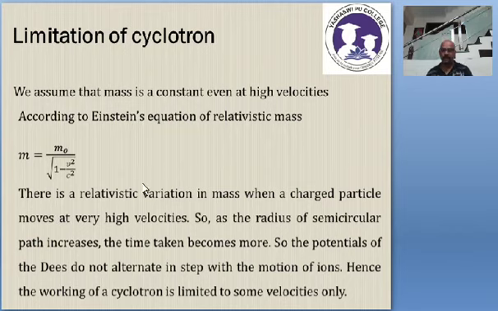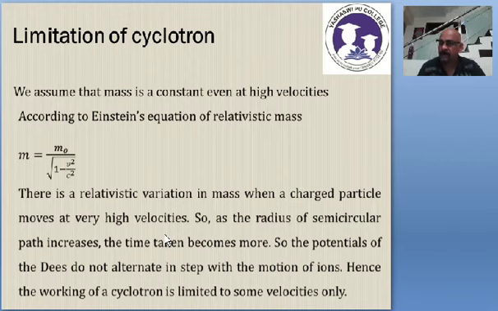Just look at this one, and you can take screenshots wherever required. So what is the limitation of cyclotron? One thing you just keep in your mind: cyclotron cannot be used to energize small charged particles like electrons, because electrons have very low mass. Mass of the electron is 9.1 into 10 to the power minus 31 kg.